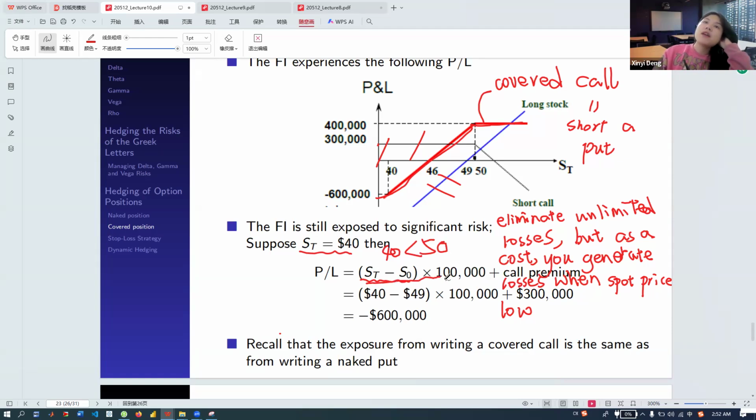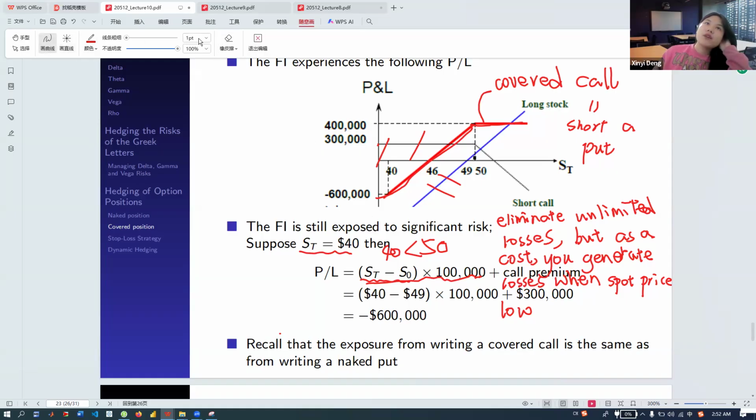So the first term is merely the profit or losses from the spot, and the call option is not exercised, but for the second term, we still receive some premium on it.